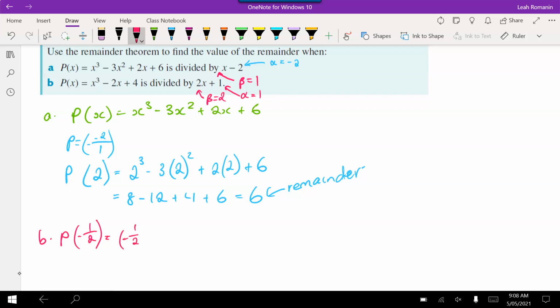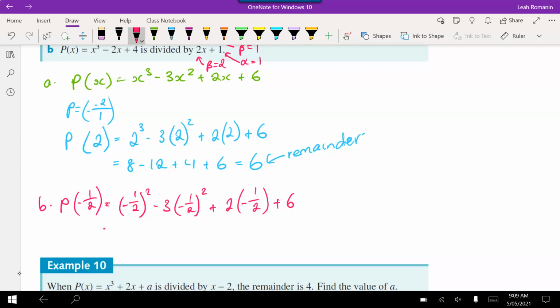I've got negative 1 over 2 cubed minus 3 times negative 1 over 2 squared plus 2 times negative a half plus 6. And now looking quickly to get that answer, unless anybody feels like typing in their calculator, I'm going to get negative 1 over 8 plus 1 plus 4, which is going to give me 39 over 8. So that would be my remainder.